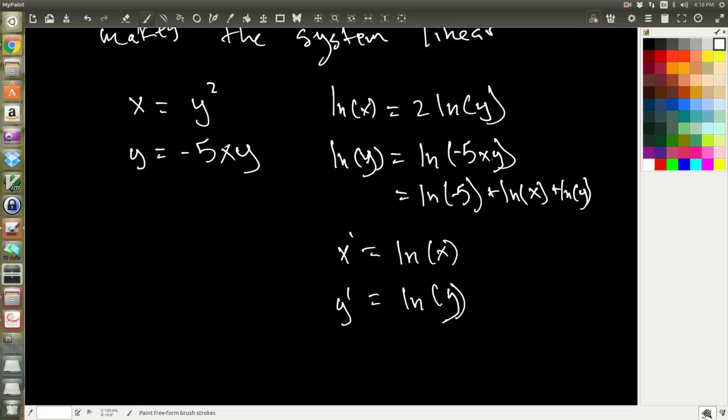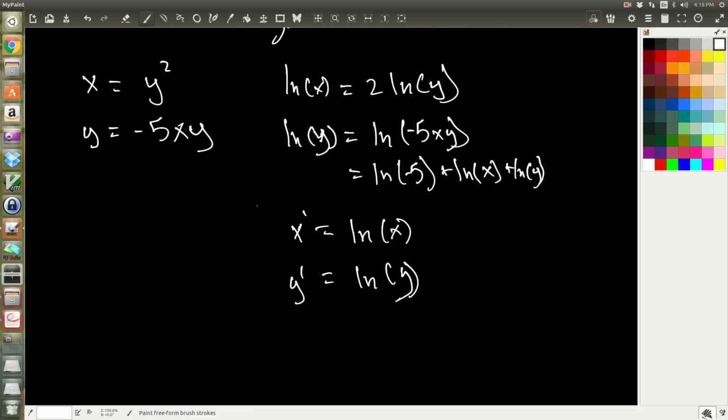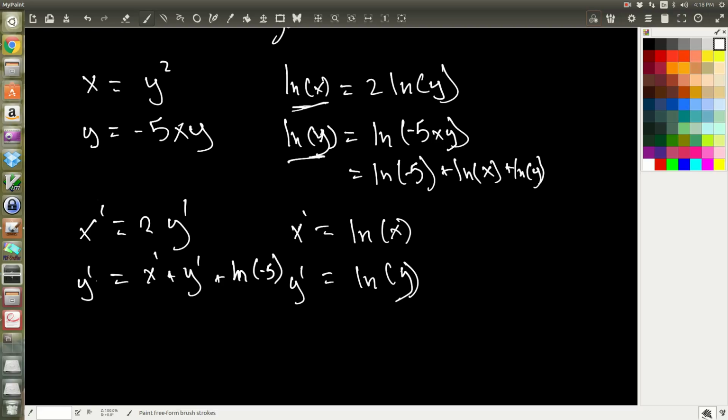And then this system of equations up here just becomes, if I substitute in here, this is x prime right here, this is y prime, so I would get x prime equals 2 times y prime, and then y prime equals x prime plus y prime plus the natural log of minus 5. So now these equations are linear. So I have two linear equations.